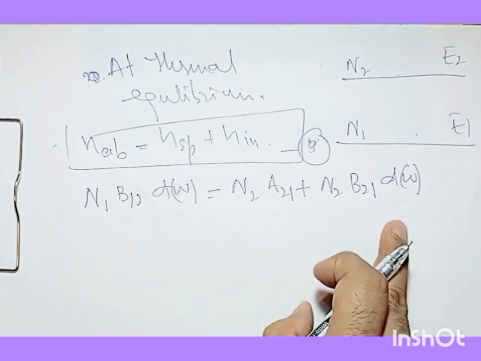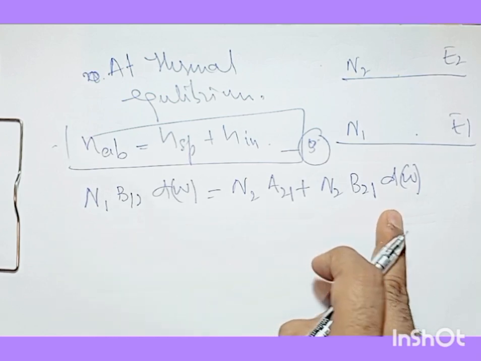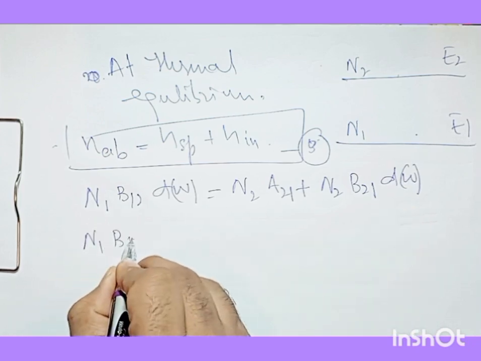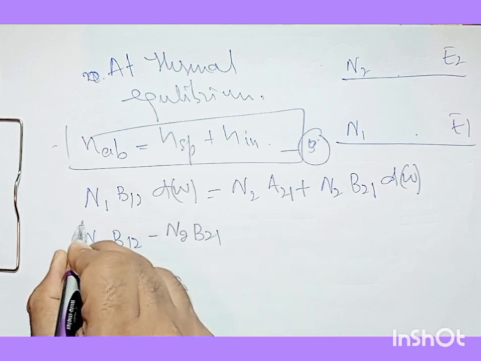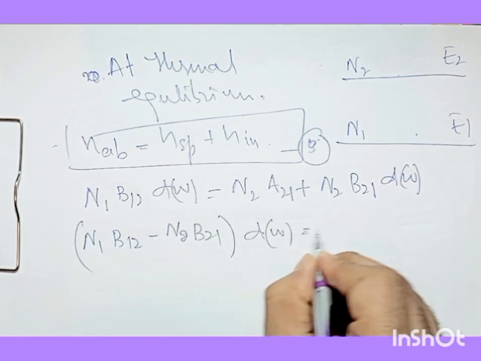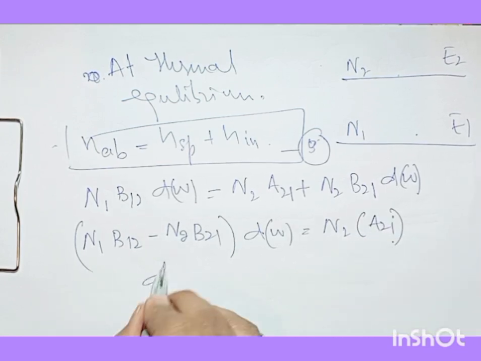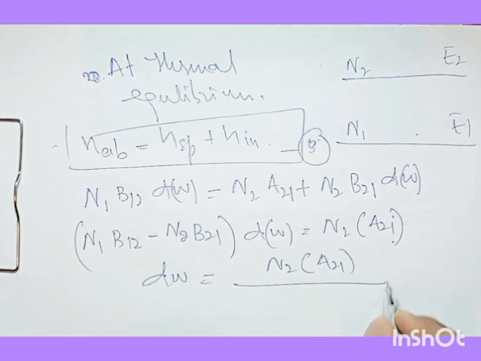And from this, what can I find? I can find this d omega. If I transfer this to this side, I will have N1 B12 minus N2 B21 times d omega is N2 A21. So d omega is N2 A21 divided by N1 B12 minus N2 B21.